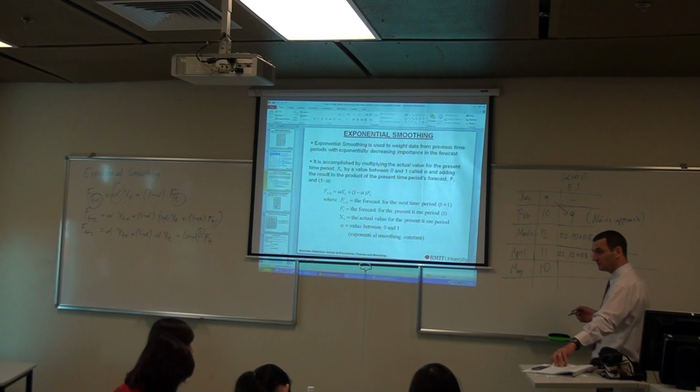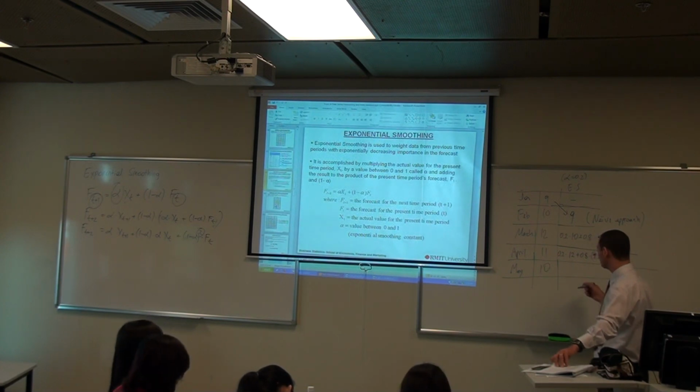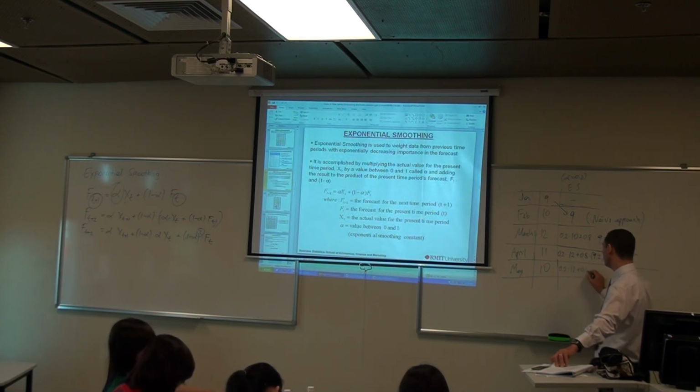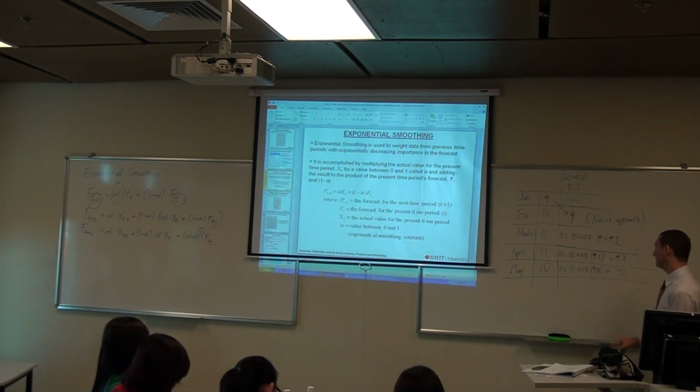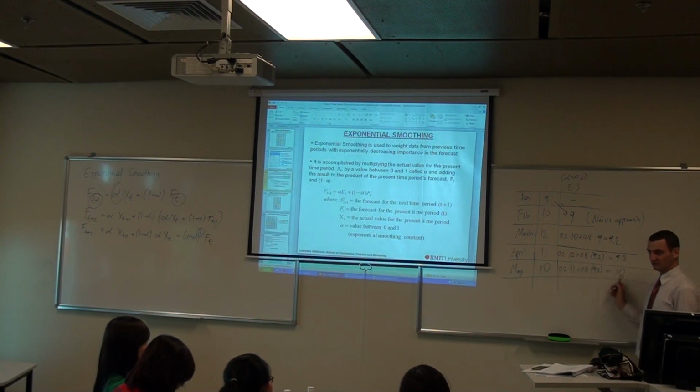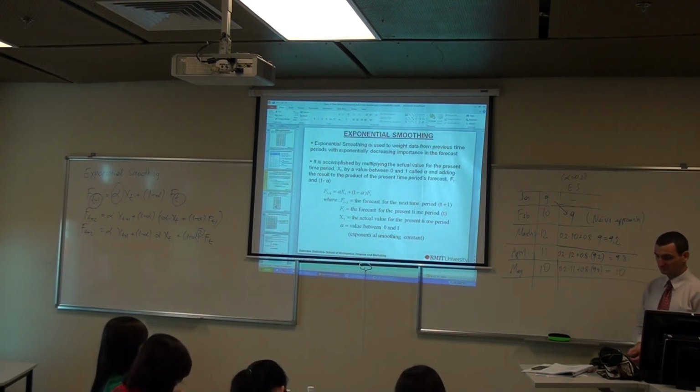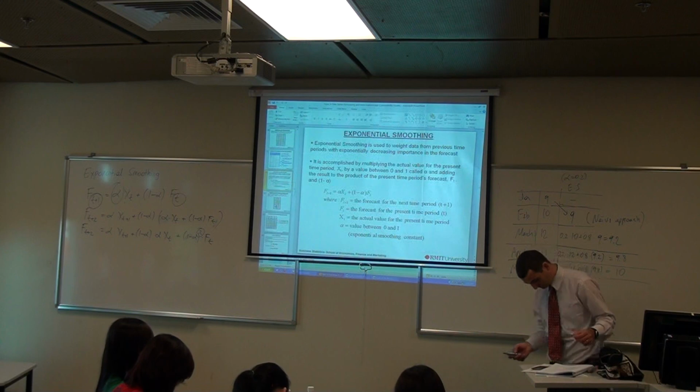Exactly 10, 10.0. Okay, so what's the operation? 0.2 times 11 plus 0.8 times 9.8. The answer is 10. It's very close to the real actual value.